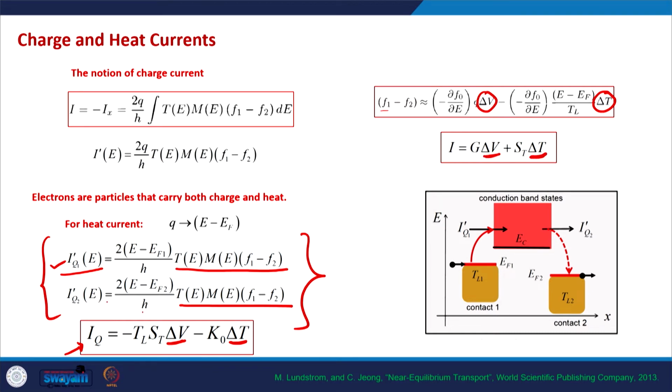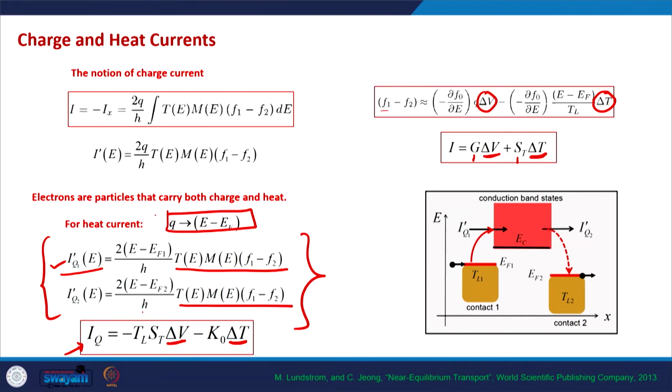We will very soon go to these parameters G, S, T, L and K naught as well, but this discussion was just to show you that apart from charge current, we also need to consider heat current when there is an electron flow through any device. Heat current is defined by replacing Q by E minus EF, and in that case both charge current and heat current depend on the voltage difference and temperature difference.